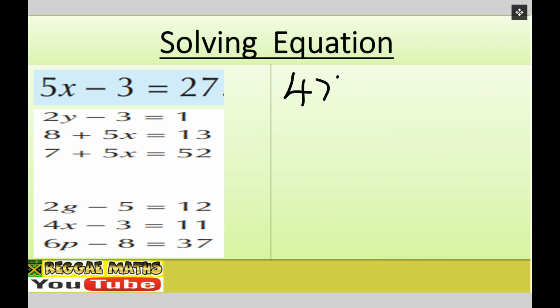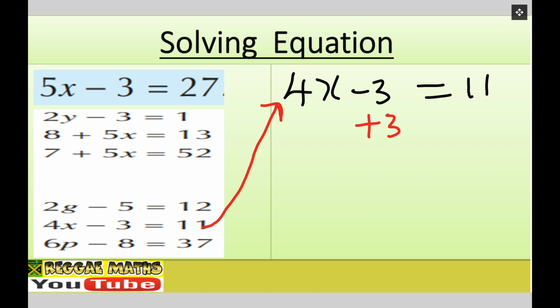4x minus 3 equals 11. Add 3 to both sides.